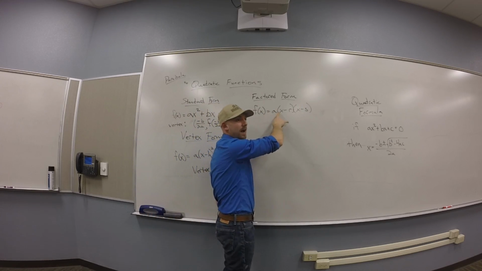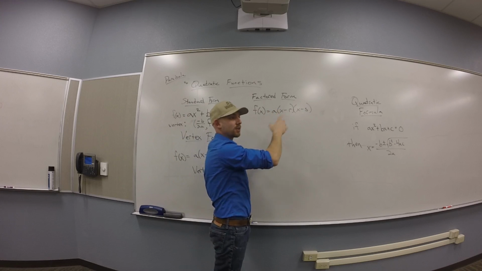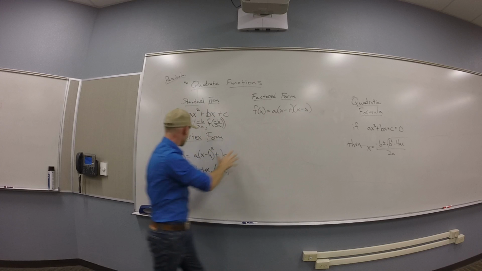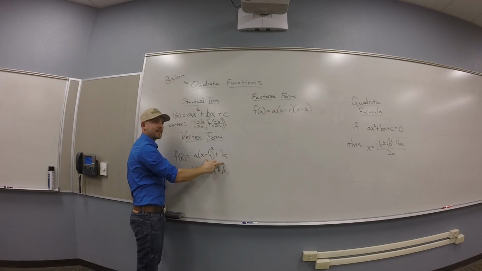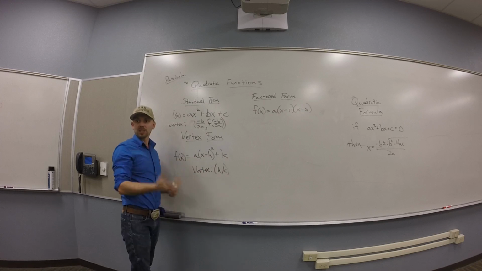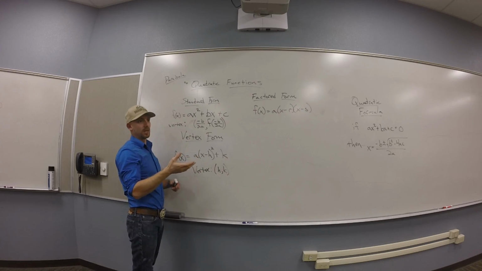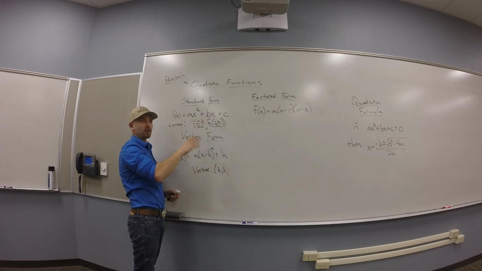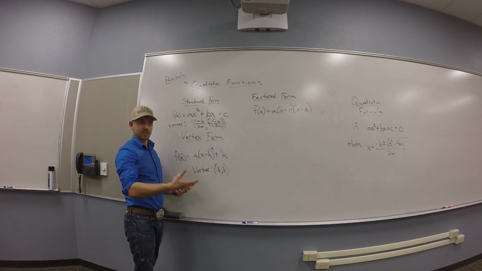Factored form things happen when you know break-even values, like when I'm assuming something about profit. And vertex form happens when I made that parabola move around using shifting rules. So there's a situation for each of these, and they're all just different forms of the same idea.